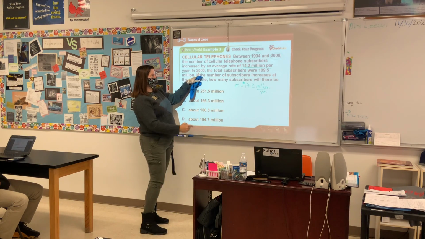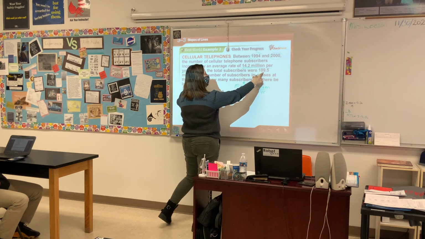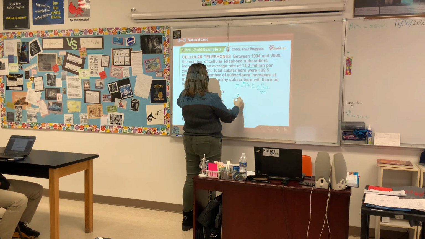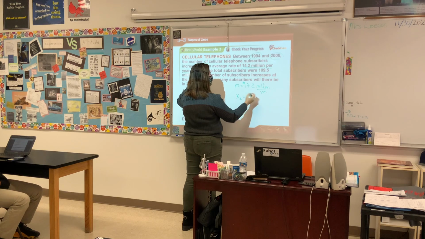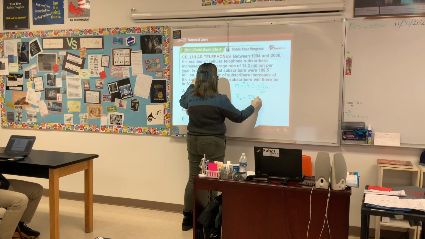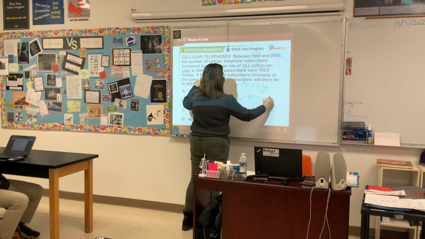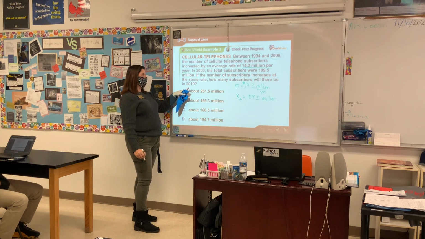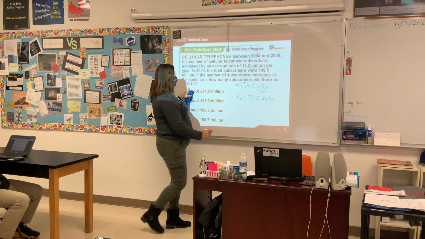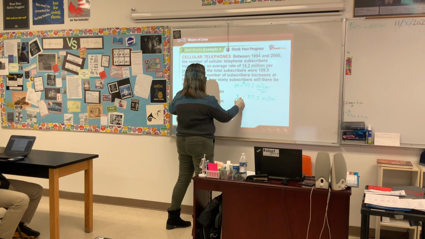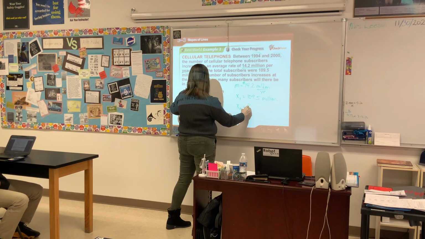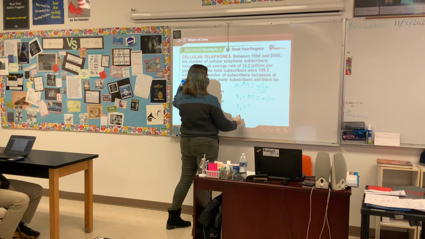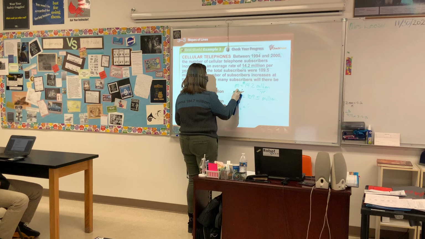In 2000, the total subscribers, so that's really our X2, is 109.5 million. If the number of subscribers increases at the same rate, I guess really this is an X1. X2 is equal to what? We know that, oh, actually I have that wrong, sorry guys.